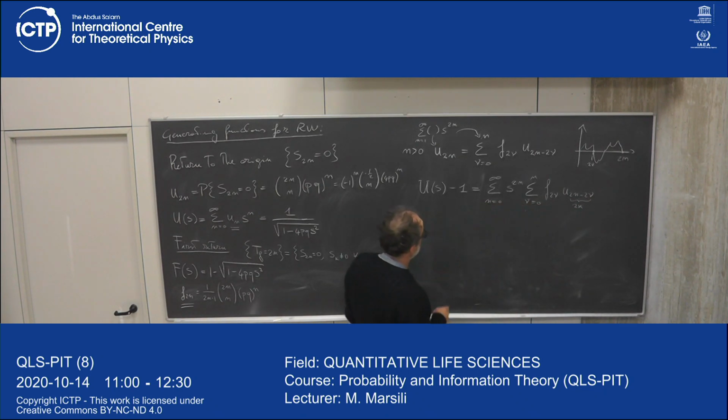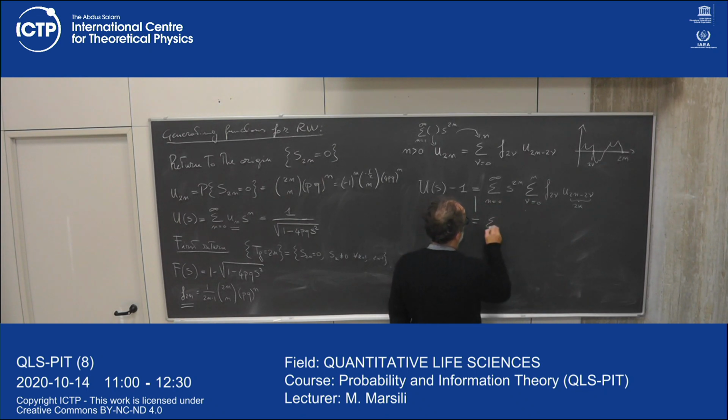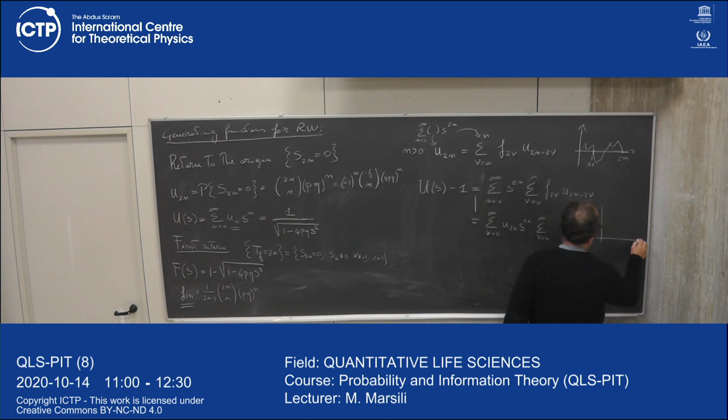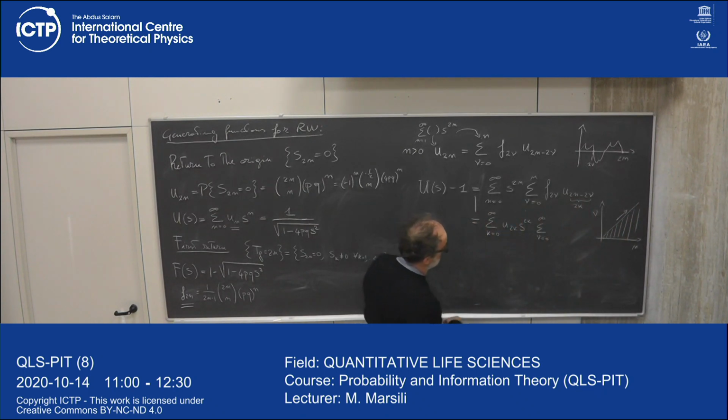and call this 2k. Okay, and if you do this, you will find that you have a sum over k from 0 to infinity of u2k times s to the 2k, and then you have a sum over nu also from 0 to infinity, because you are summing over all these integers, and when you make this change of variables, k goes in this direction, and you are summing k from 0 to infinity.